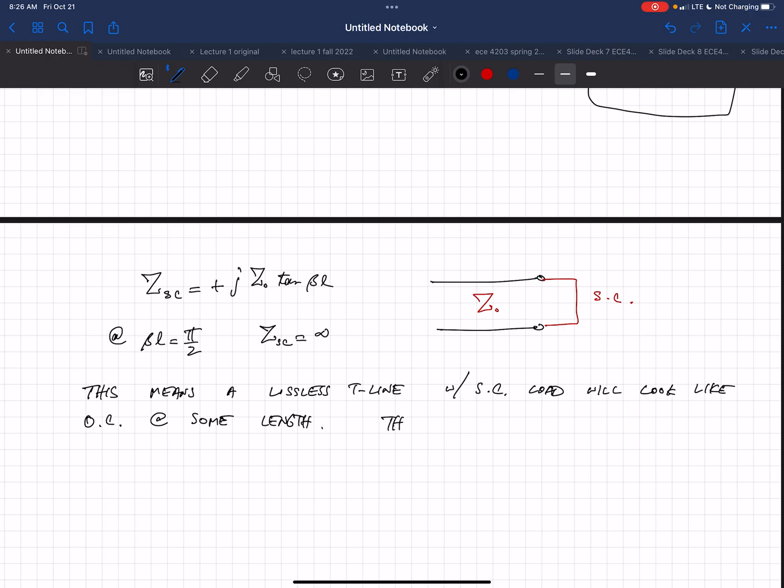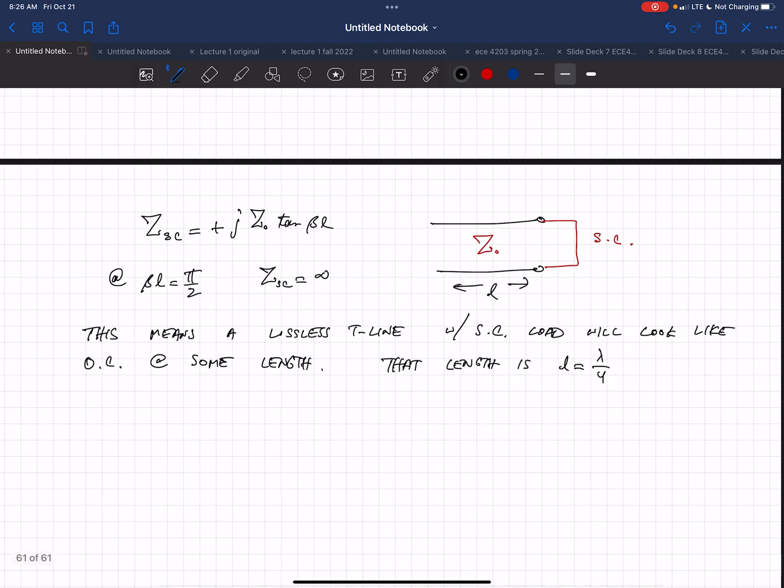And that length is L equal to lambda over 4. The reason is that beta is 2 pi over lambda, and beta times L equals pi over 2 is when this event happens. So if I plug in 2 pi over lambda, with beta L equal to pi over 2, I end up with L equal to lambda over 4.